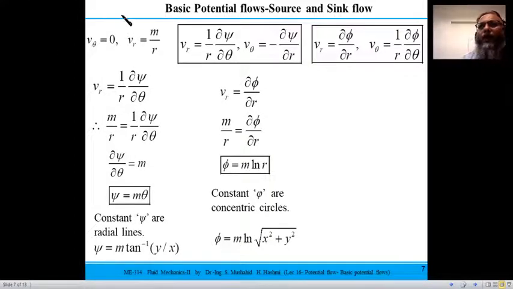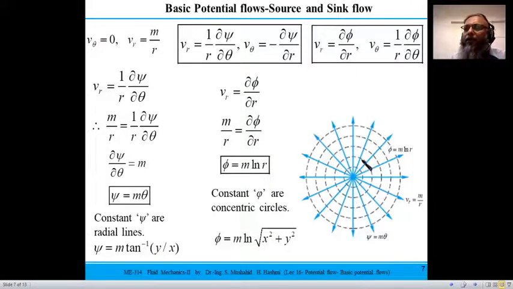So if you have knowledge of the velocity components, you can easily work out the corresponding stream functions and velocity potential functions. These two are in polar coordinates and these two are in the Cartesian coordinate system, and we can plot them. The flow is in the radial direction, so the blue lines represent the streamlines, whereas the concentric circles represent the velocity potential lines or equipotential lines.